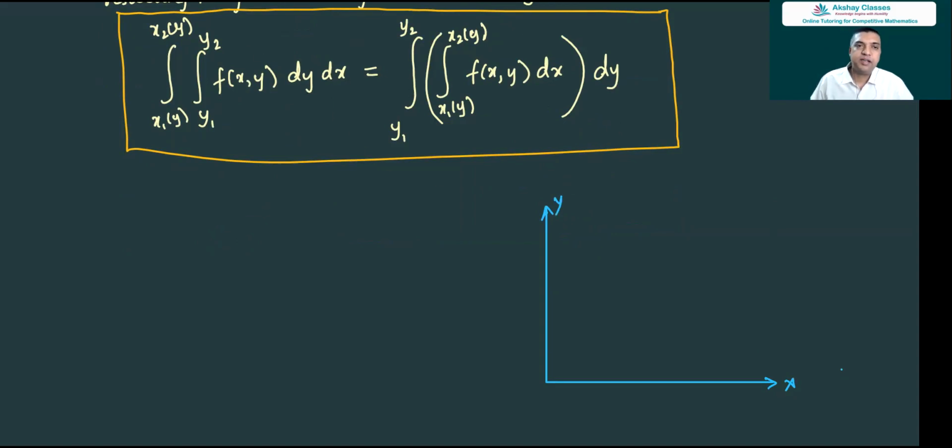Now your y1 and y2 will be constant. So on the xy plane, this is say y1 to y2, and there will be a function that will change.